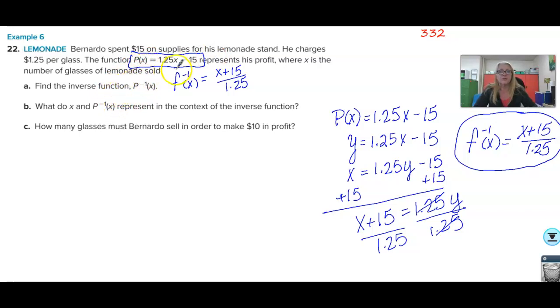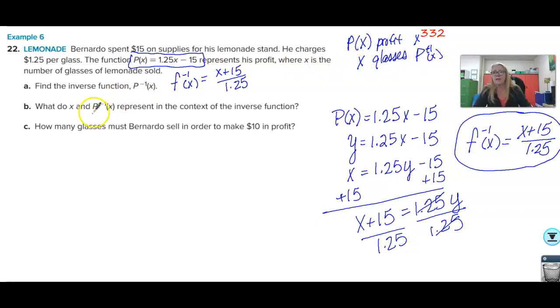Okay, when you reverse these things, you reverse them. So if P of x was his profit, and x was the number of glasses, now x is the profit, and P to the negative 1 of x is the number of glasses. This switch is just like you would switch an xy point. If this was profit before, now it's the number of glasses. If this was the number of glasses before, now it's profit.